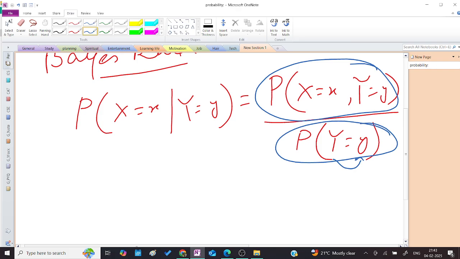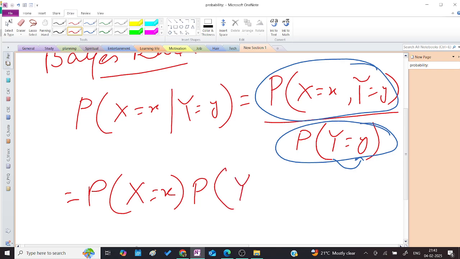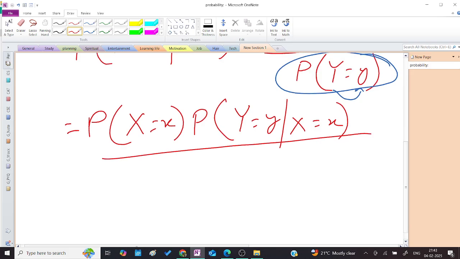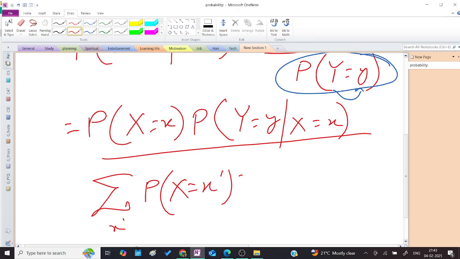So this we can also write in the form: probability X equals small x times probability Y equals small y given X equals small x, divided by the summation over all x dash of probability of capital X taking x dash times probability of Y given capital X equals x dash.